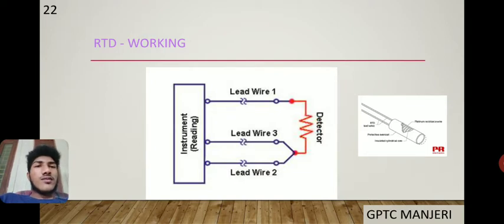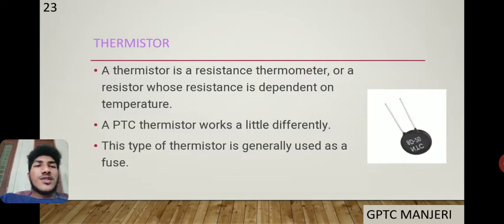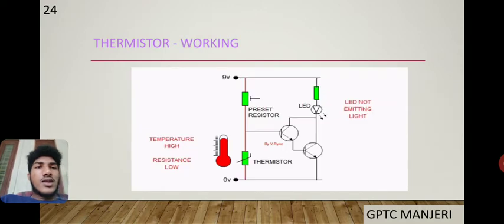Okay, next we are going to discuss the thermistor. A thermistor is a resistance thermometer, or a resistor whose resistance depends on the temperature. A PTC thermistor works a little differently. This type of thermistor is generally used as a fuse. This is the working diagram of a thermistor. Here we are using the NTC thermistor: when the temperature is high, resistance is low.